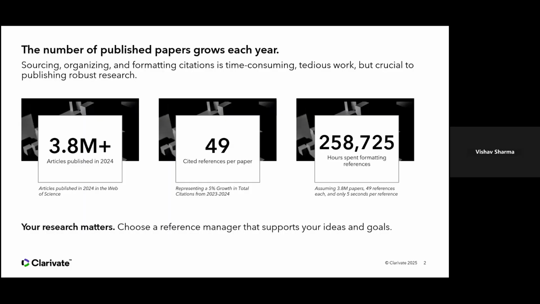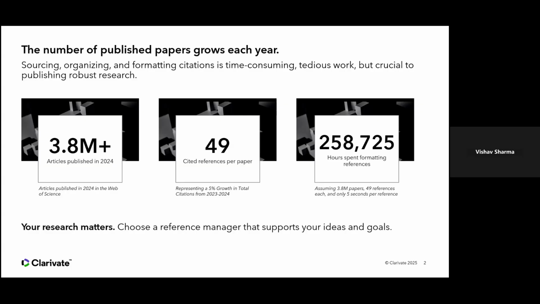So this slide tells you that the number of papers being published is growing each year, right? We're looking at approximately 3.8 million papers that were published in the year 2024, with almost 49 to 50 cited references that we see in every paper.